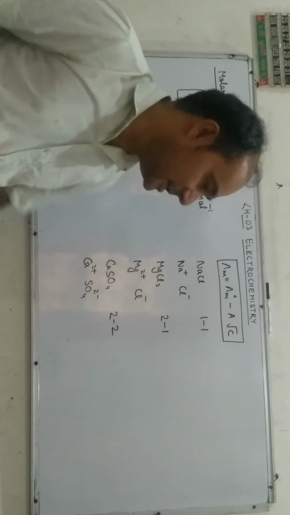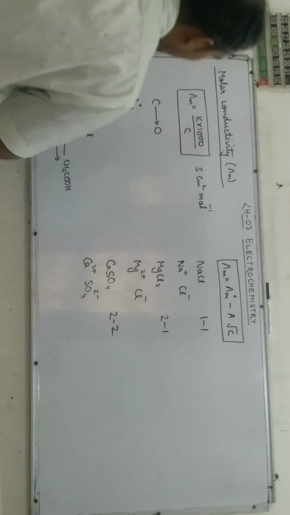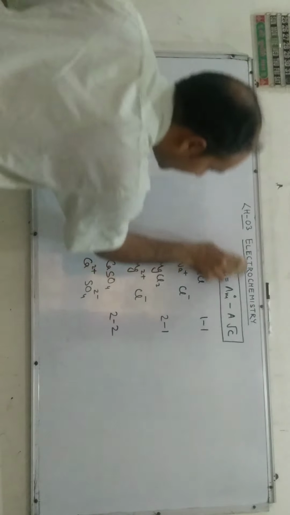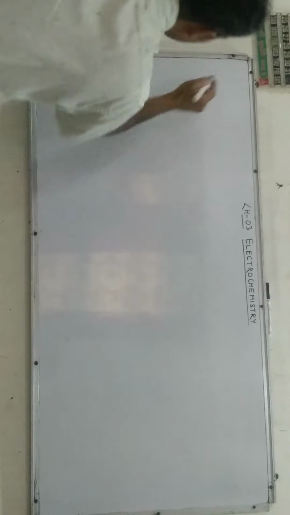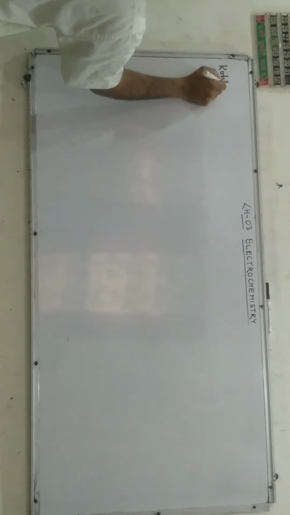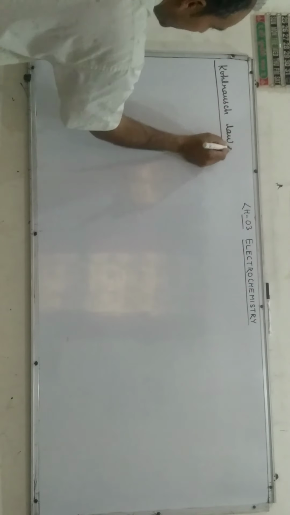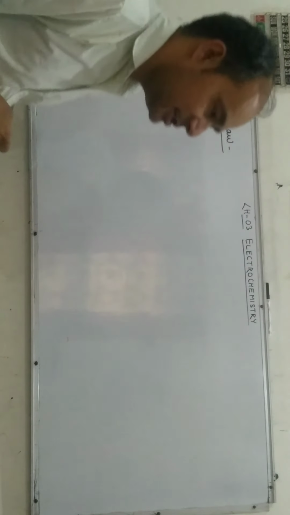Now let us discuss Kohlrausch law of independent migration of ions. According to this law, the limiting molar conductivity of an electrolyte can be represented as the sum of individual contributions of cation and anion of the electrolyte.